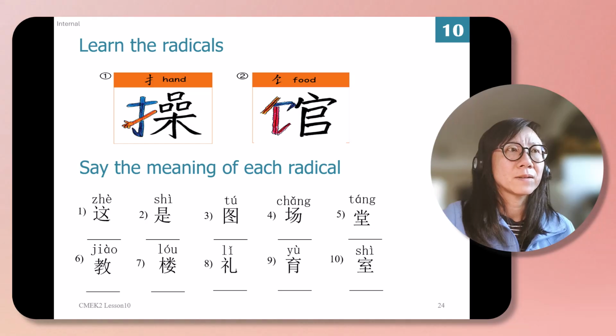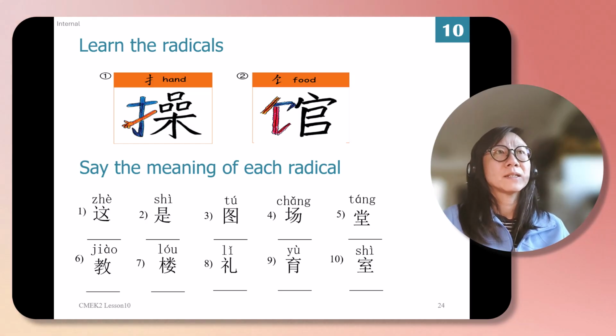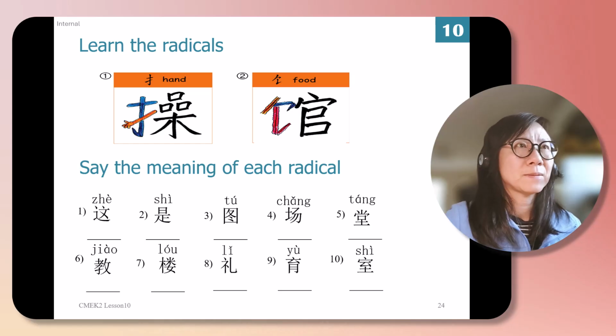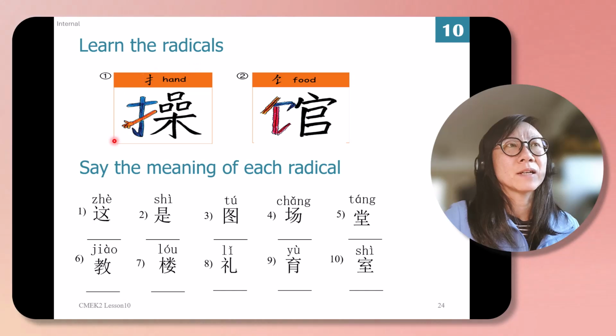All right, next, let's have a look at this exercise. Learn the radicals. 操场的操, we just looked at the character learning of 操场的操. So on the left-hand side, there's a radical of hand.